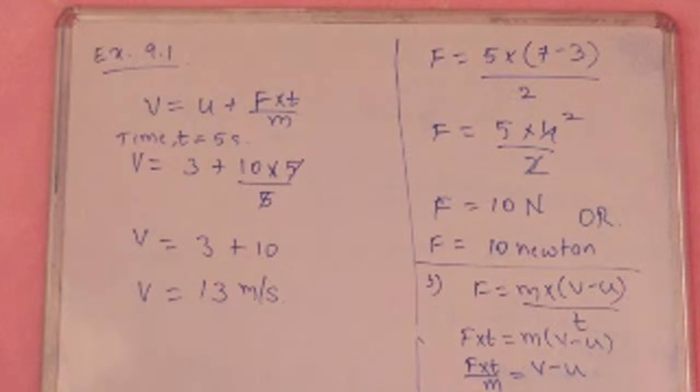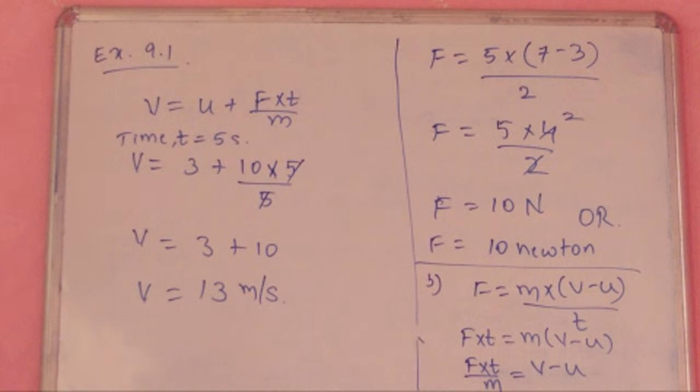Okay, do the calculation fast. Very simple problem. The values are given: mass, initial velocity, final velocity, and time taken.